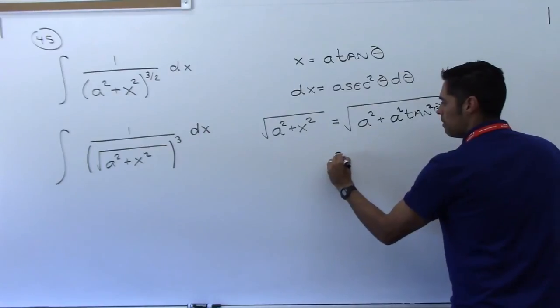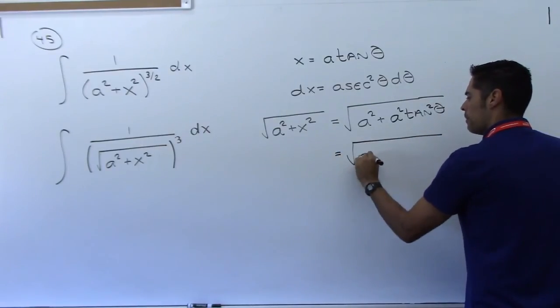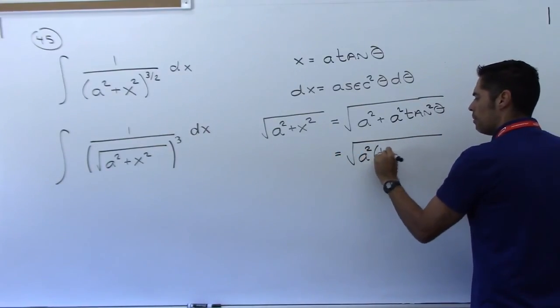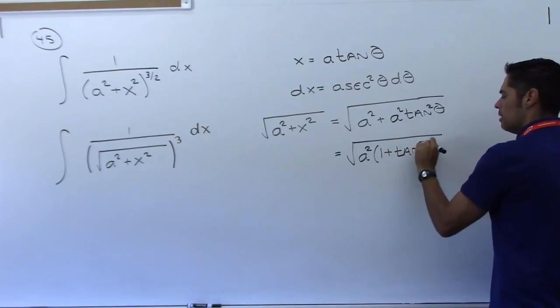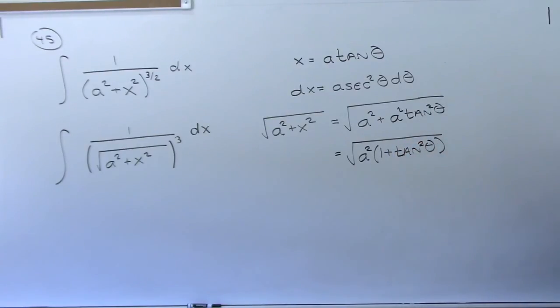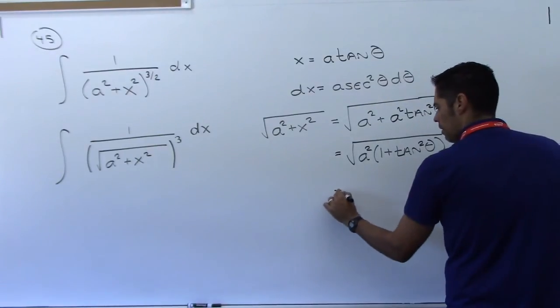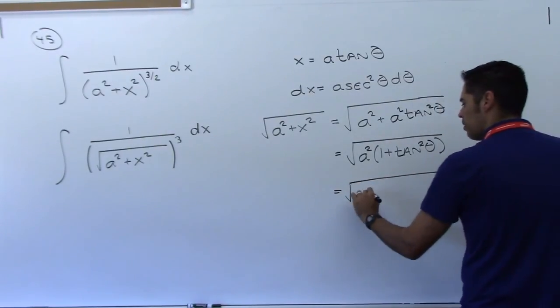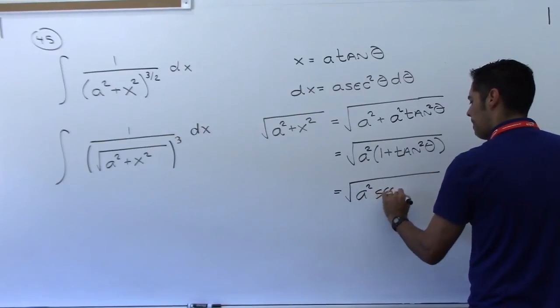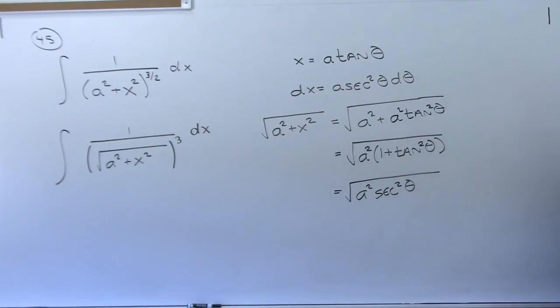A squared. You're left with 1 plus tangent squared theta. And 1 plus tangent squared theta is really secant squared theta, and the square root of that is just a secant theta.